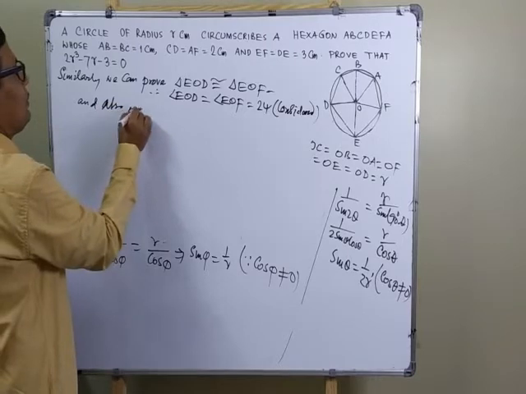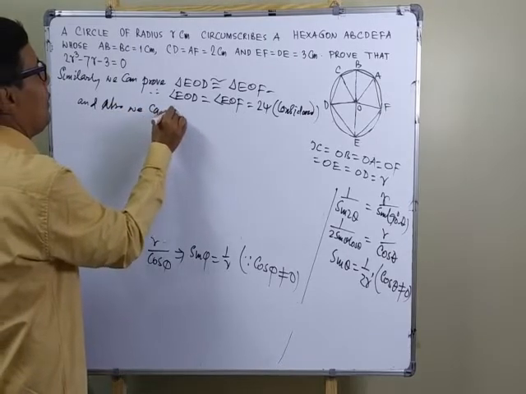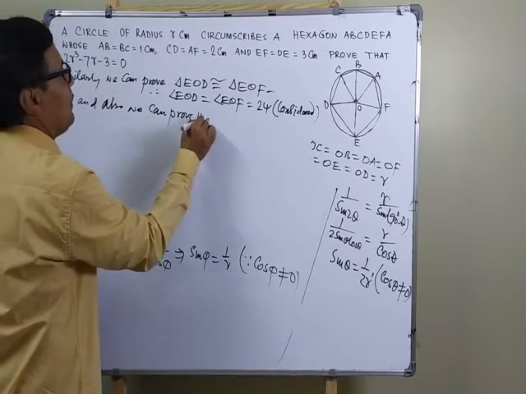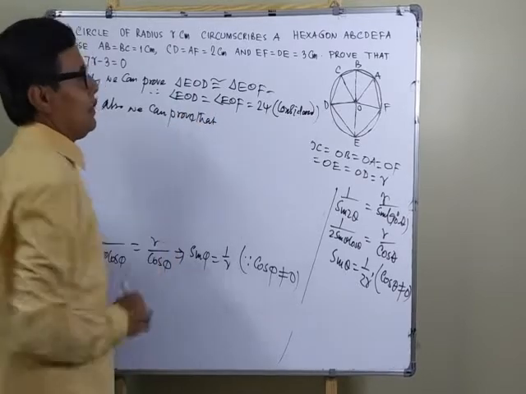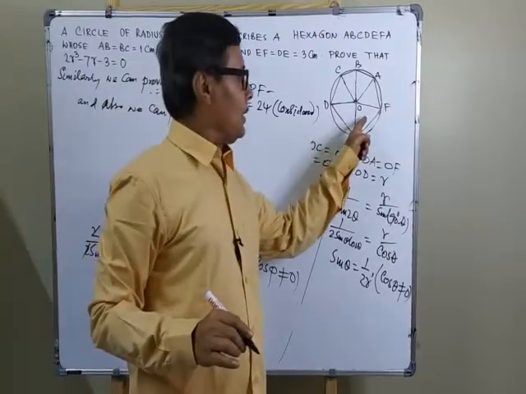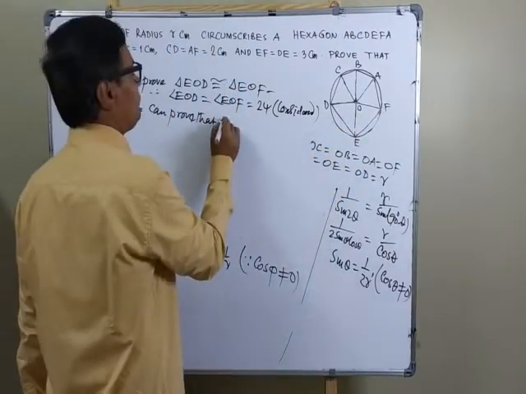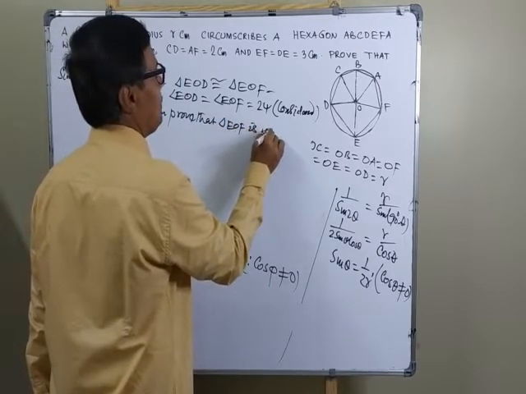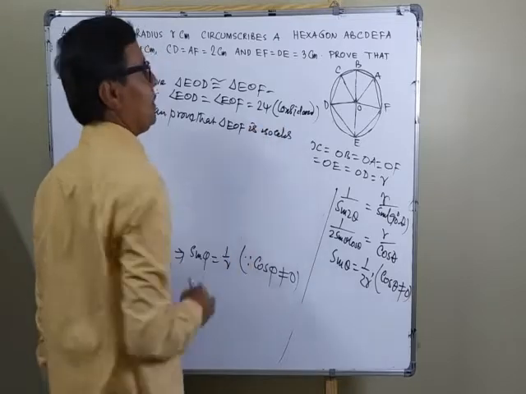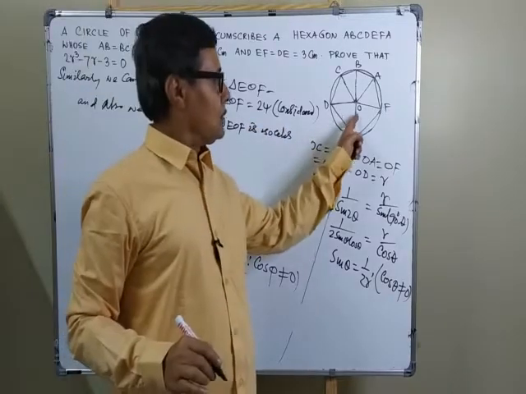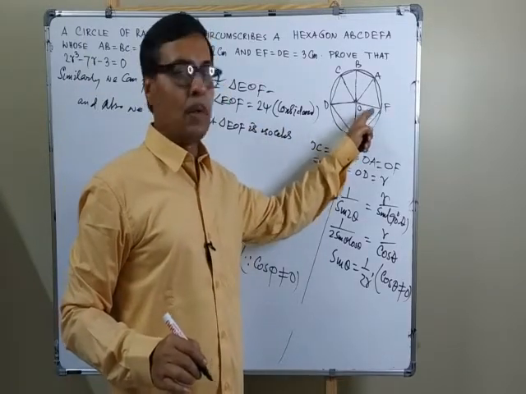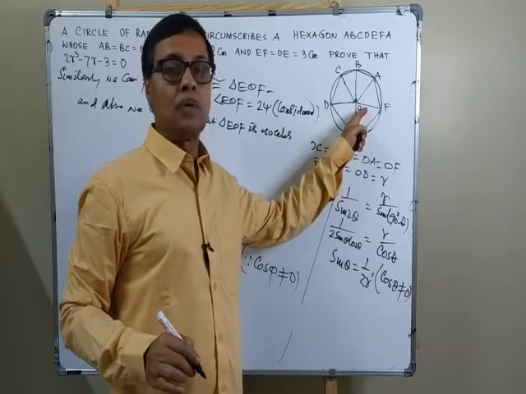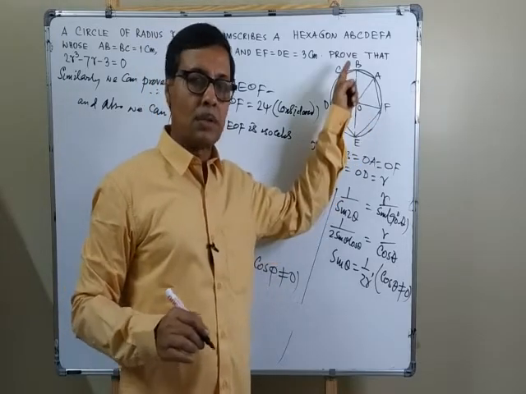We can also prove that triangle EOF is isosceles, because these two sides are equal. OE and OF are equal, and these are equal to R. That is, these are the radii of the circle.